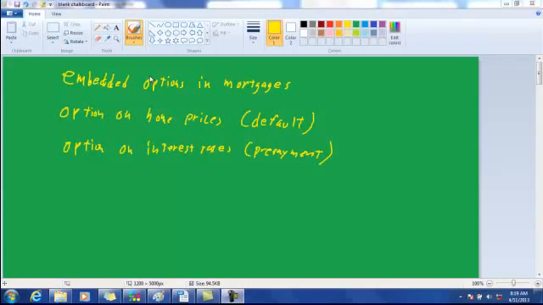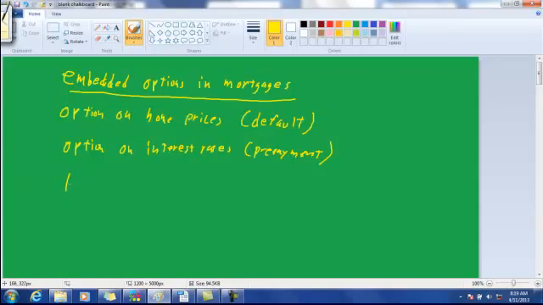Alright, I want to talk now about the options that are embedded in mortgages. Typical mortgage in American housing finance. And I want to say that there is, in effect, an option on home prices because the borrower can default, and there's an option on interest rates because the borrower can prepay.